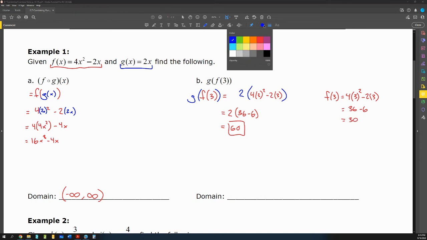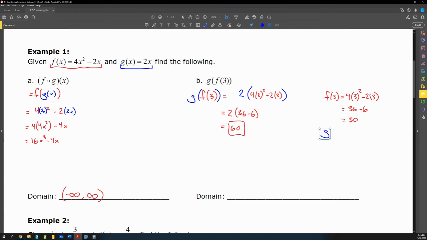Then what you would do is evaluate g of 30. So that becomes your new input. So g of 30 is simply 2 times 30, which is equal to 60. So either approach you take will get you the same answer. You can either do it all in one fell swoop here and just plug in f of 3 into the g of x function.